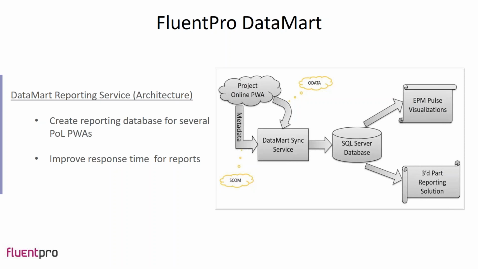It automatically combines multiple OData feeds and metadata and extracts all the data from Project Online, and then it stores it in the SQL Server database. Like on the first step, DataMart Sync Service loads the metadata first about how the PWA is configured, what custom fields are used, how they're used in EBTs, and so on and so forth.